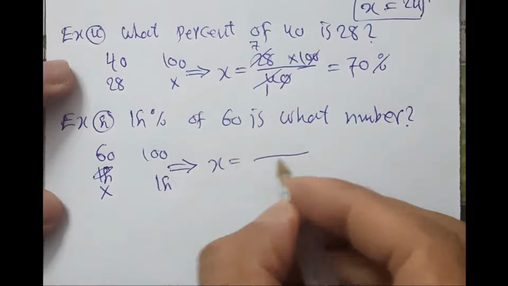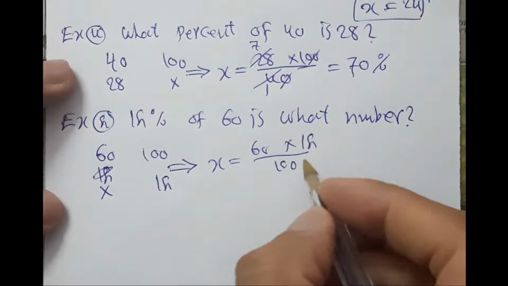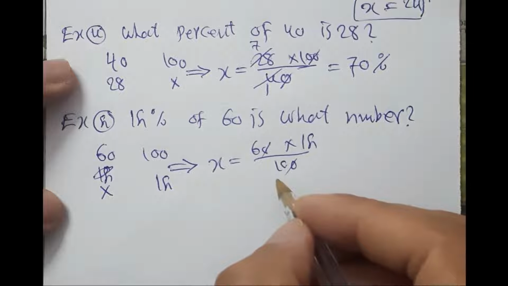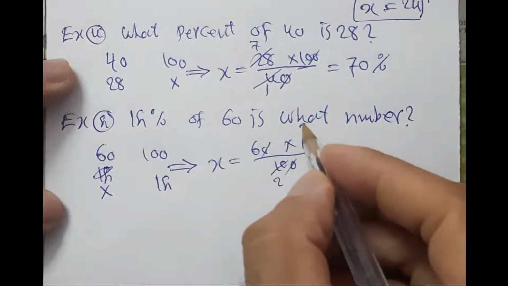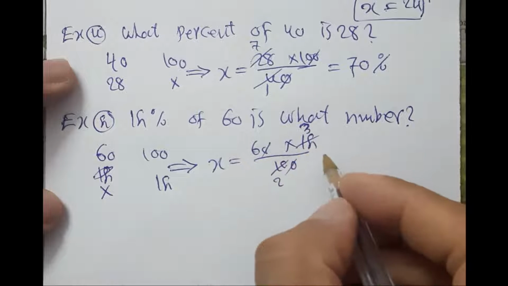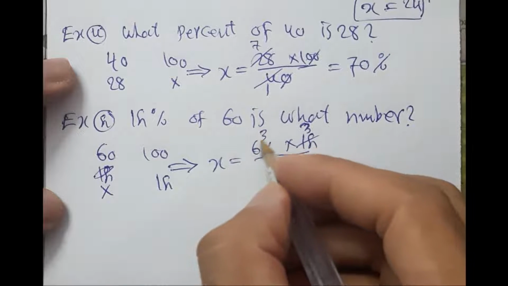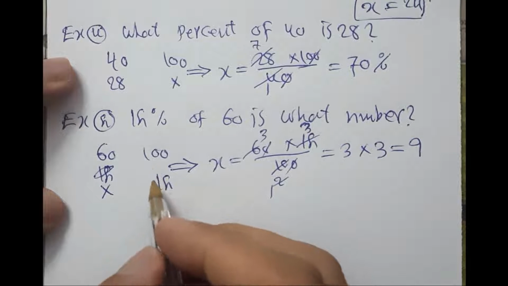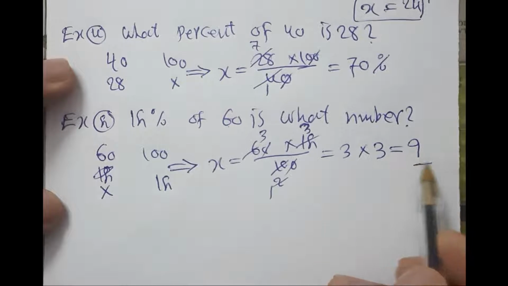X is equal to 60 multiplied by 15 over 100. 0 cancelled by 0. It is divisible by 5. 10 divided by 5, 2. 15 divided by 5, 3. 6 divided by 2, 3. 3 multiplied by 3, 9. The 15% of 60 is 9. It is the answer.